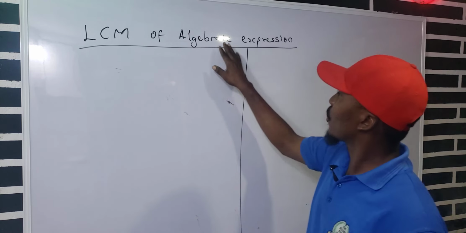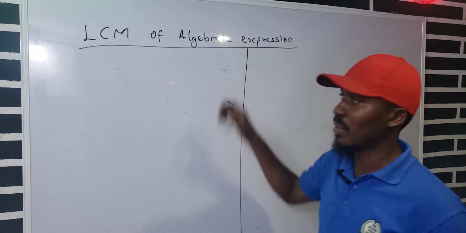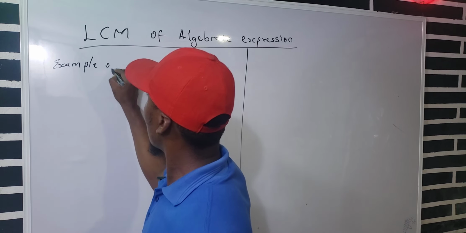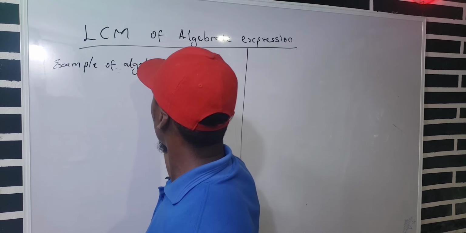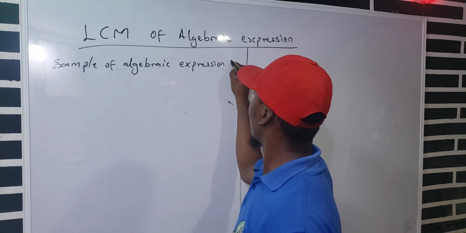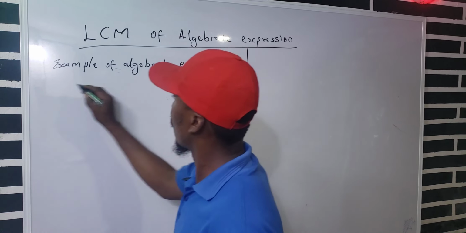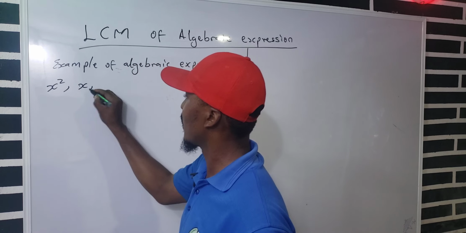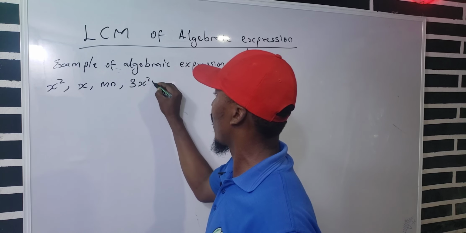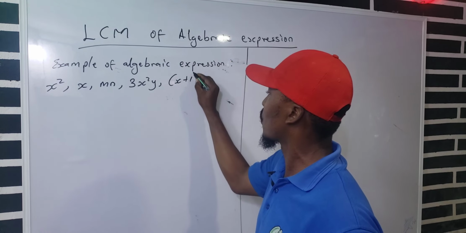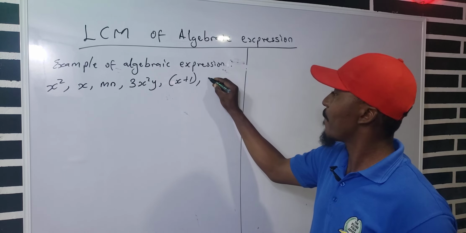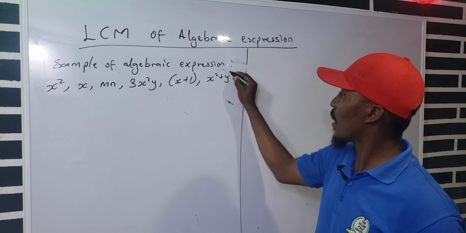Now when we say algebraic expression, what are we talking about? Examples of algebraic expressions: we have something like s square, something like x, something like mn, something like 3s square y, something like s plus y, s plus 1 in brackets, and x square plus y square.